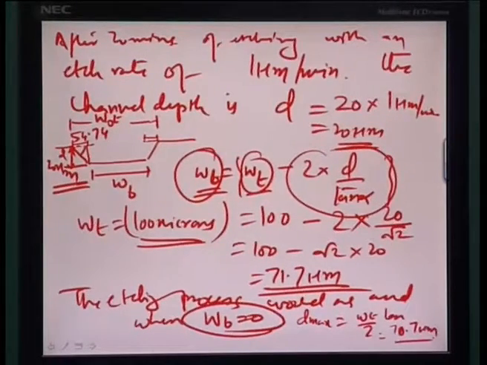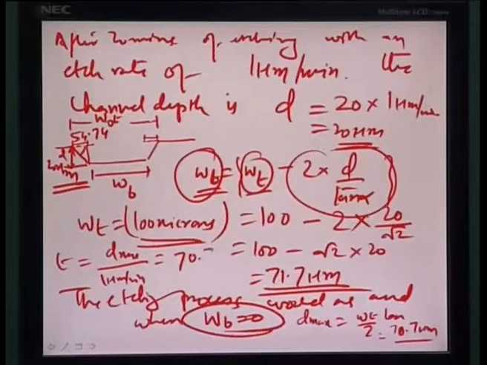And time t would be d max divided by 1 micrometer per minute, which is the etch rate. So, it is about 70.71 minutes. That is the time until the etch stop is achieved. It goes all the way to about 70.71 minutes, corresponding to 70.71 microns, where the bottom width WB becomes equal to 0.